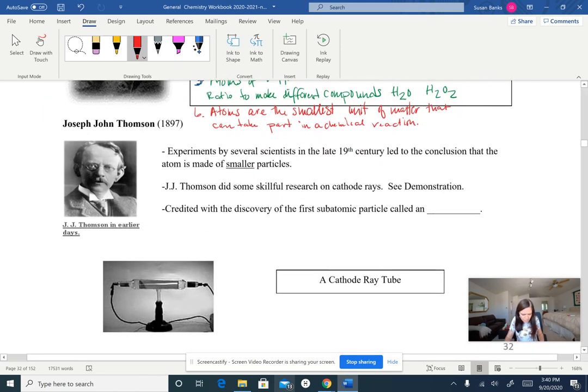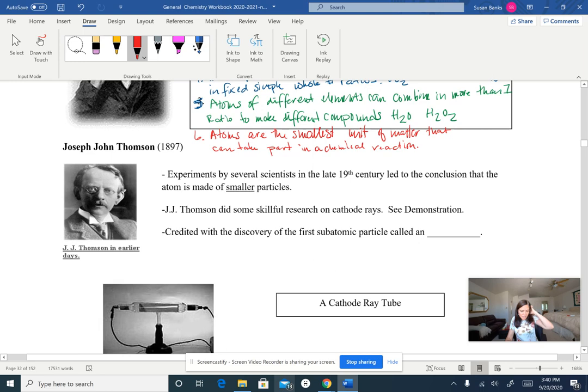J.J. Thomson was playing with a cathode ray tube, and he played around with a magnet, and he realized that the cathode ray in that tube was deflectable by a magnet, and it was attracted to the positive side of the magnet. And he originally called this particle that he was able to find a corpuscle, but we don't call them corpuscles. We call them electrons.